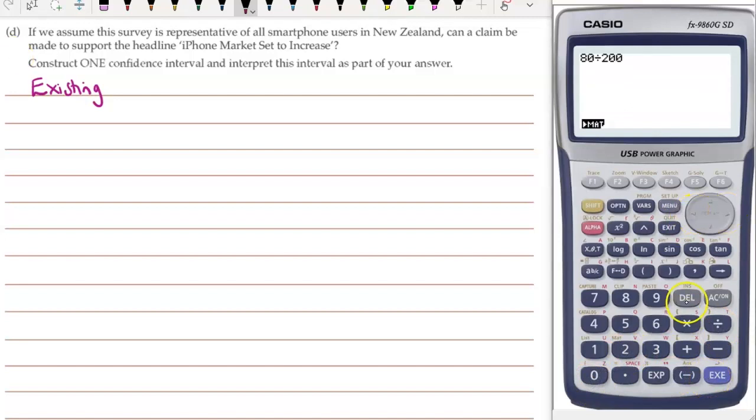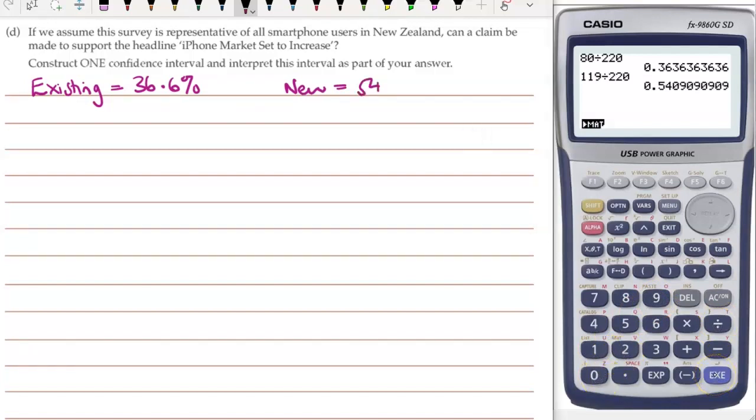And I made a mistake there. There we go, 220. So that is 36.6%. And the ones that wanted to buy a new phone, if they're buying a new phone, they said that they would buy an iPhone, was 119 divided by 220, which is 54.1%.